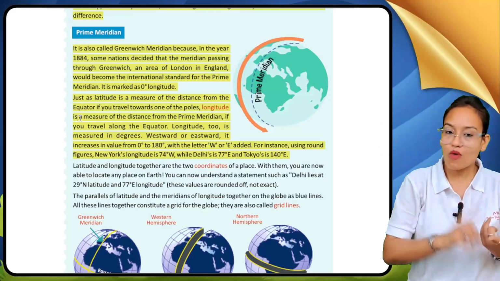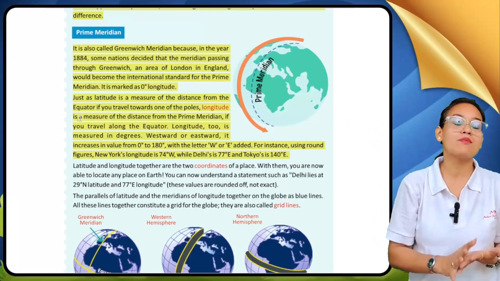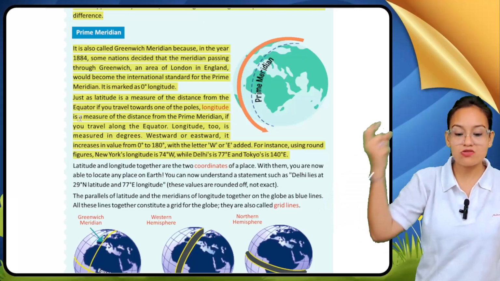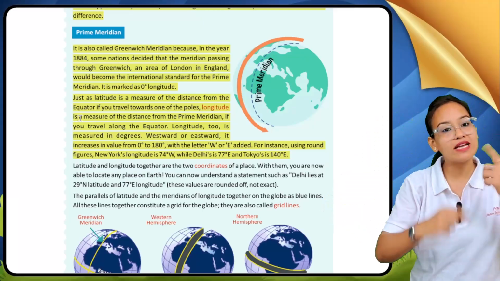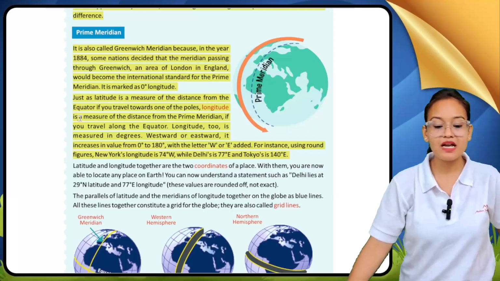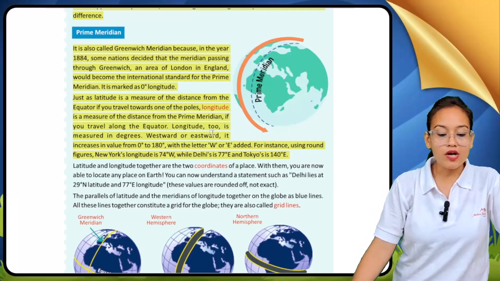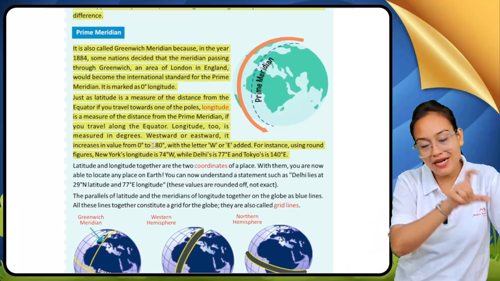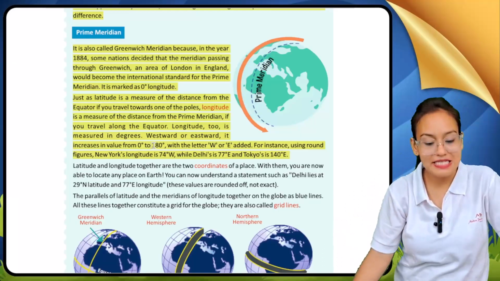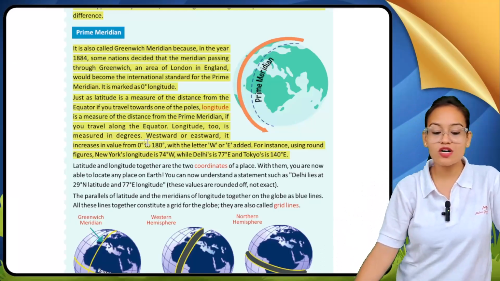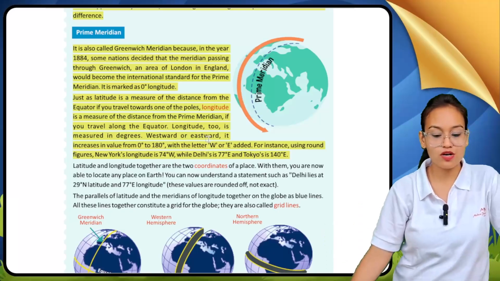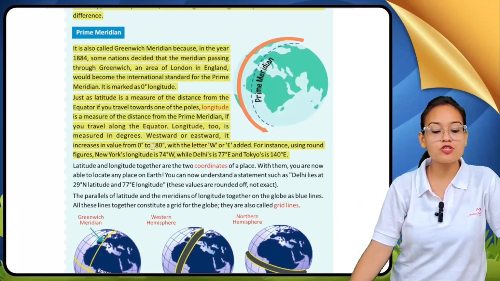On the other hand, longitudes help us measure the distance from the prime meridian if we are traveling along the equator. Longitude too is measured in degrees. Both latitude and longitude are measured in degrees, westward or eastward. It increases from 0 to 180 degrees with the letter W or E added.